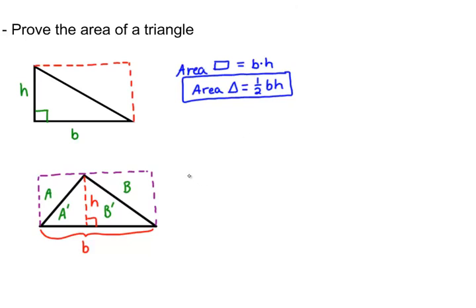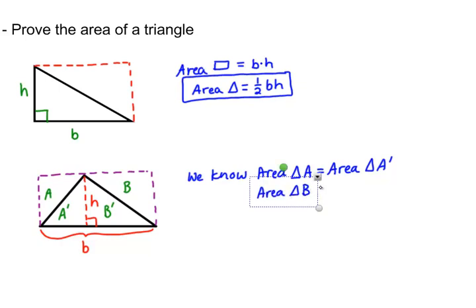So we know that the area of triangle A is equal to the area of triangle A prime. Alright? And so we could use the same argument about B and B prime. So the area of triangle B is equal to the area of triangle B prime.